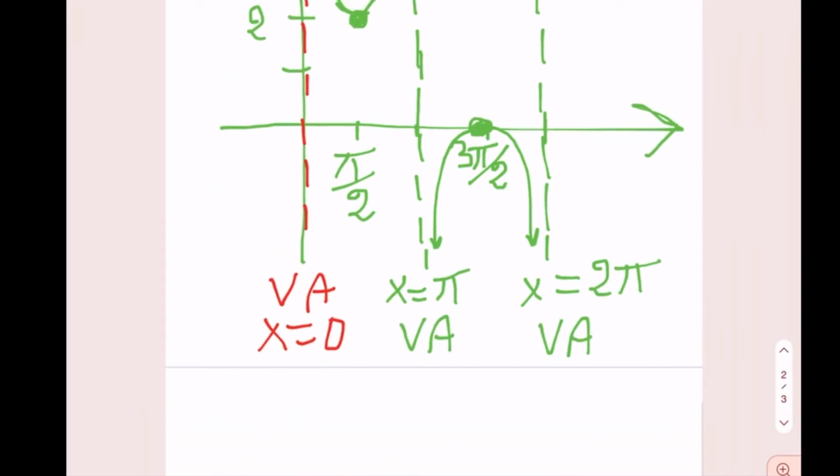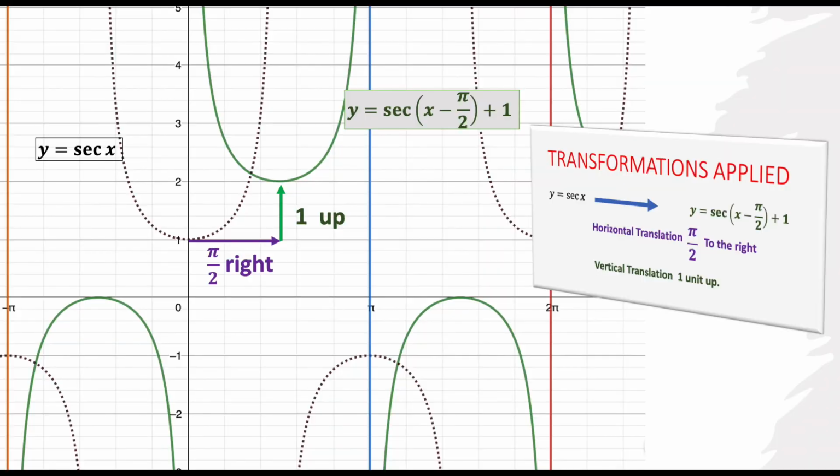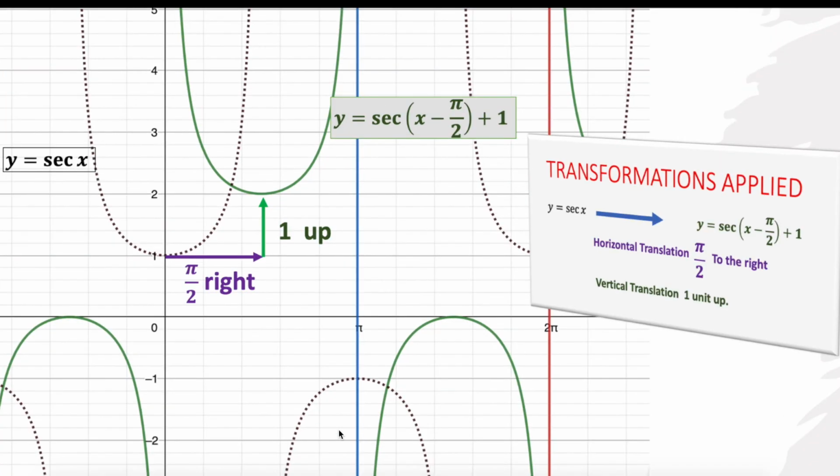Very simple way. Now we're going to look at what we get by using GeoGebra. This is what you get when you graph using GeoGebra, and I'm going to talk about the transformations applied. Here I grabbed both graphs: the parent function secant and the new function. We have a horizontal translation of pi over 2 to the right, and a vertical translation of 1 unit up.